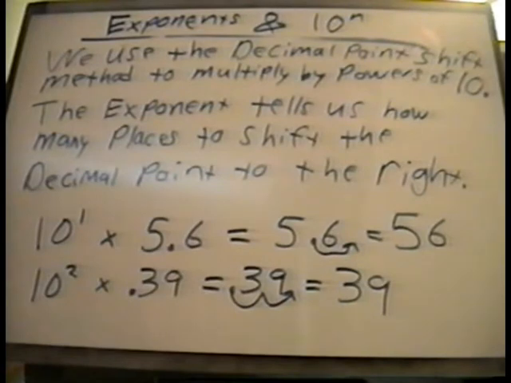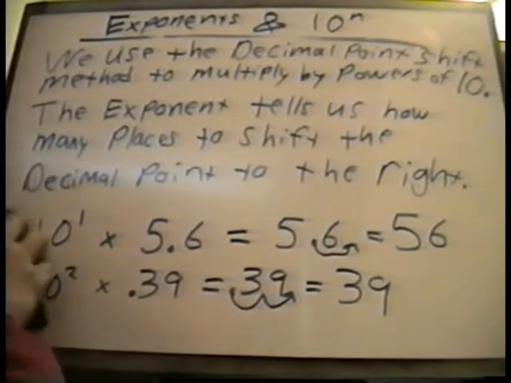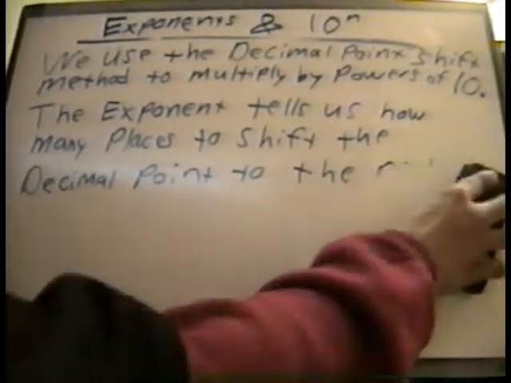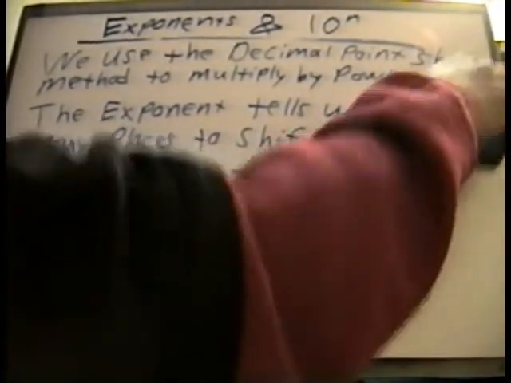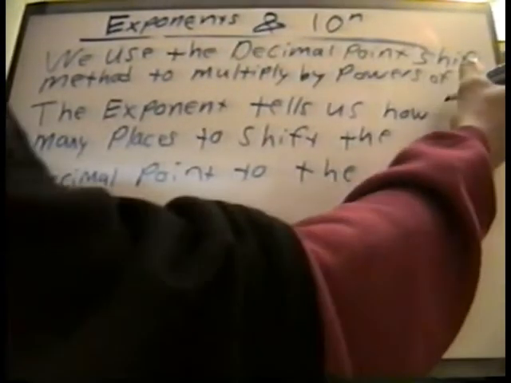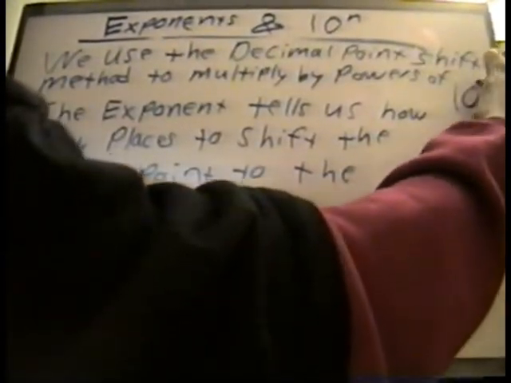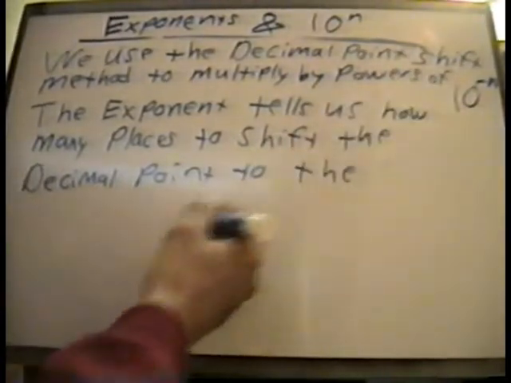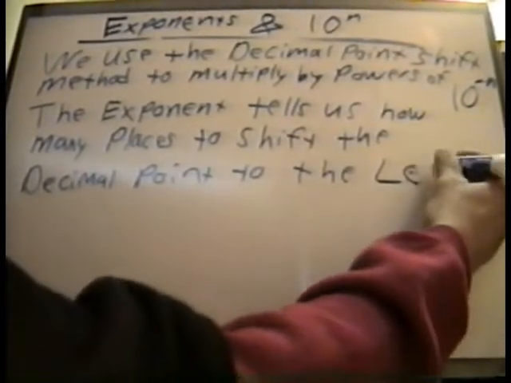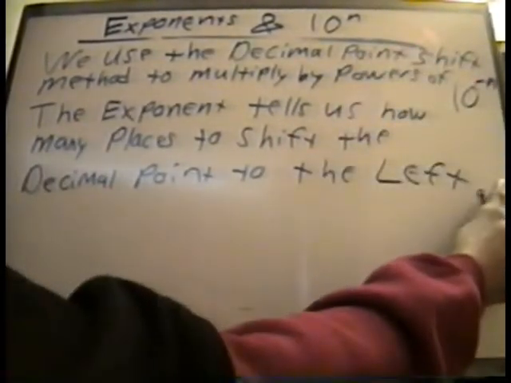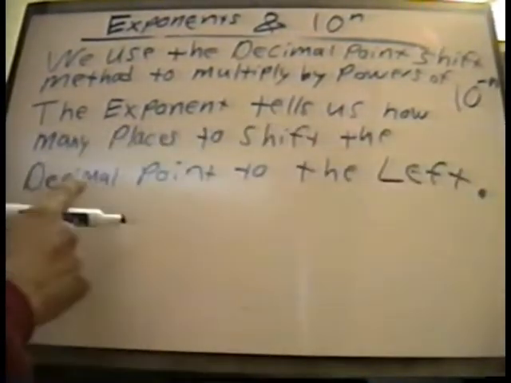Now, if the powers of 10 are negative, then you shift the decimal point to the left.